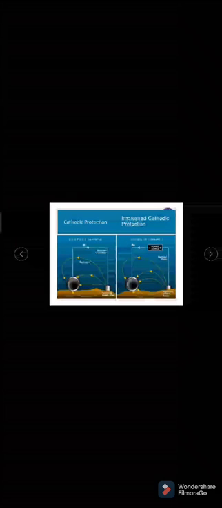Let us see the difference between cathodic protection and impressed current cathodic protection. Take two metallic structures present in seawater. In the first case, the metallic structure is connected to a more reactive metal like zinc.